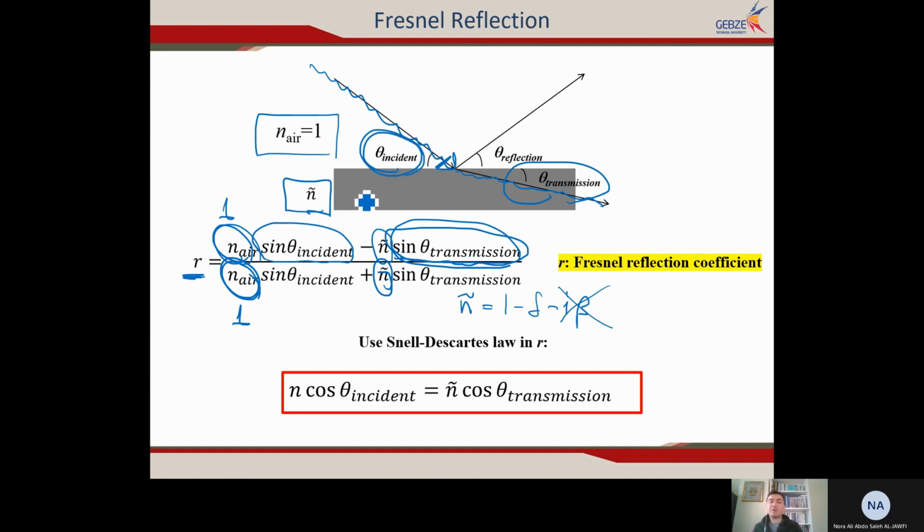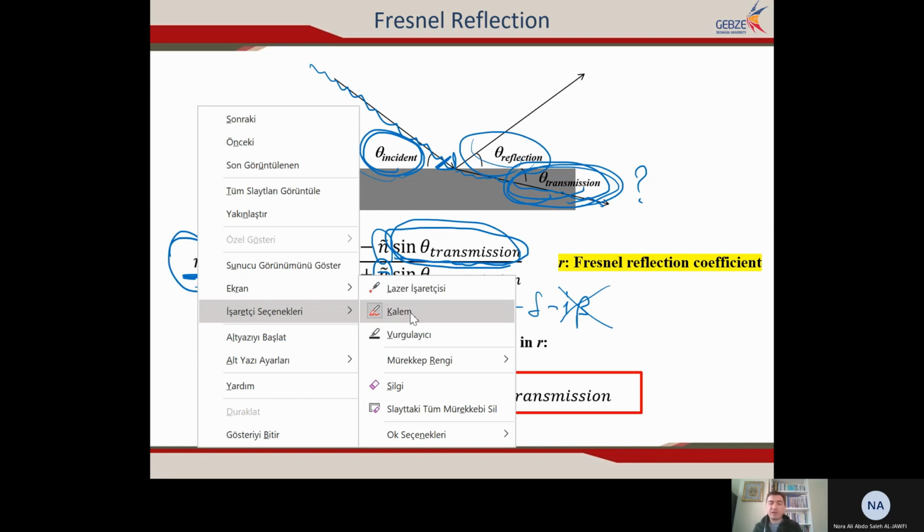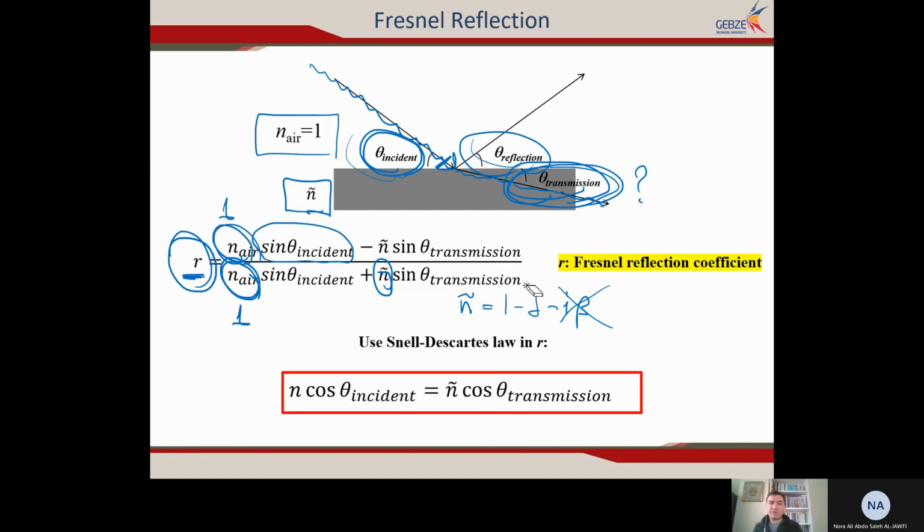I tell the computer to move the goniometer to this sample angle, theta incident. But what about theta transmission? It is impossible to measure this theta transmission. I can measure this one and this one, but this one cannot be measured. So in the Fresnel reflection coefficient, I should get rid of theta transmission. This equation must not include the theta transmission term.